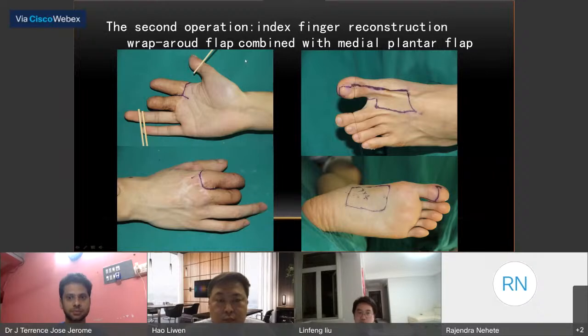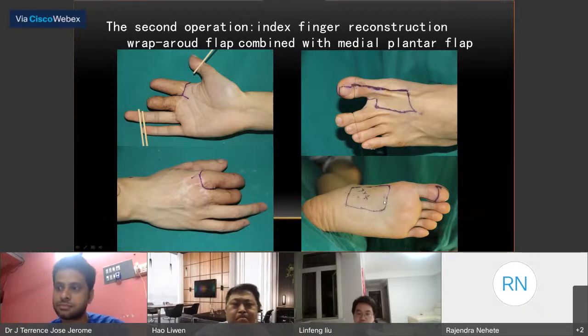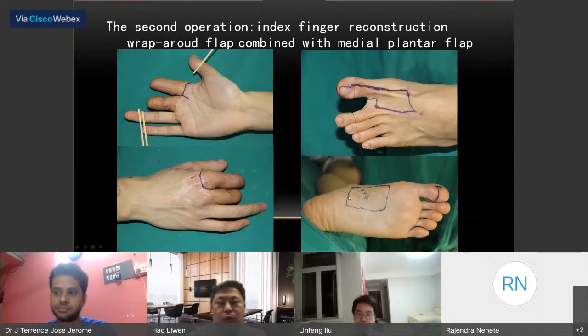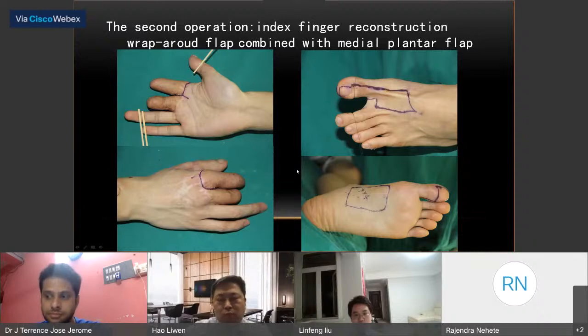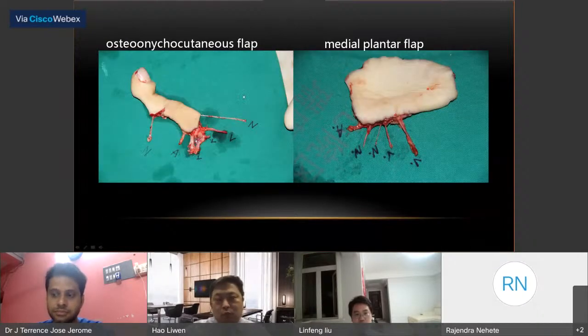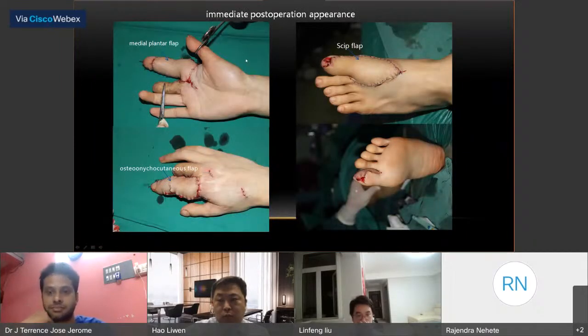Then we use a wraparound flap from the big toe combined with the medial plantar flap to reconstruct the index finger. These are the two flaps, with the immediate post-operative appearance. We use a skin flap to repair the dorsal side.